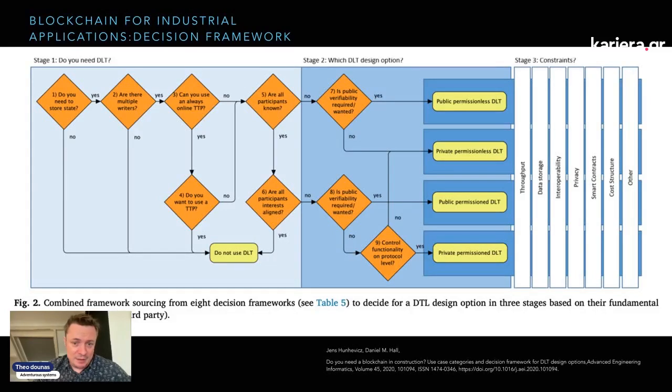One way to investigate whether you would need a blockchain, or whether the kind of problem you have can be solved by a DLT, is by asking first, do you need to store state? If not, then don't use a DLT; it's better to use a database. Are there multiple writers? So do you need not only to store state, but also have multiple persons having the right to change the state? Can you always use it online as a ledger? Of course.